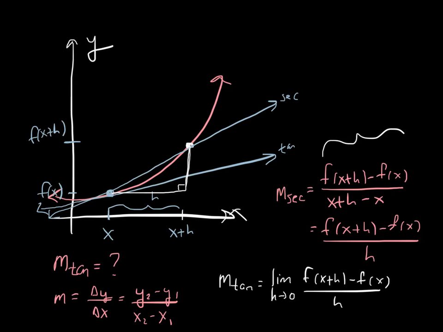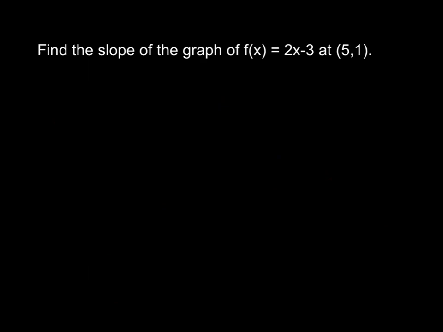So this is often called the difference quotient. And then we have the slope of the tangent, which is the limit of the difference quotient as h gets infinitely small.